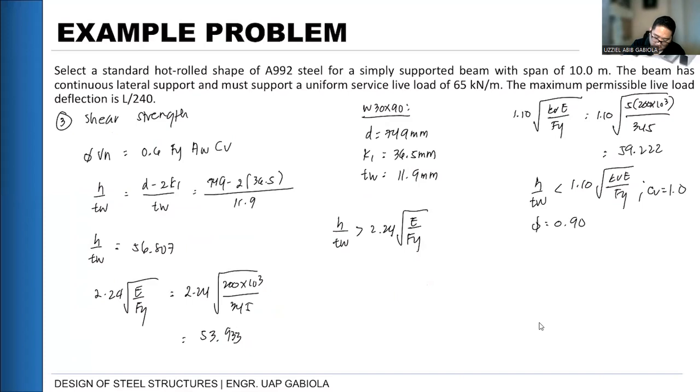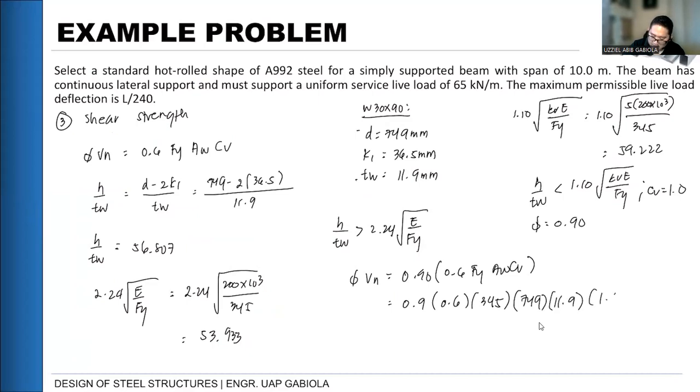No? So, yung Vn natin, phi Vn is equals to 0.9 times 0.6 Fy Aw Cv. So, this is 0.9 times 0.6 times 345 times yung Aw natin, multiplication lang nung d times tw natin, so 749 times 11.9 times 1.0.